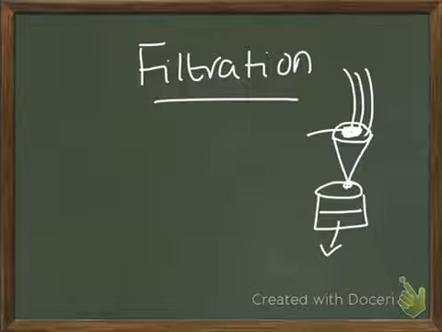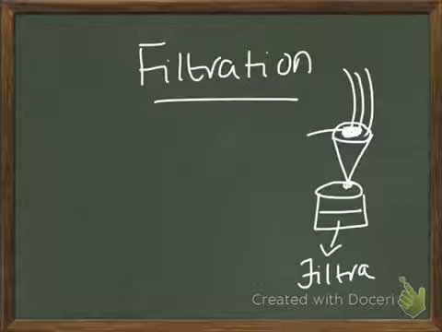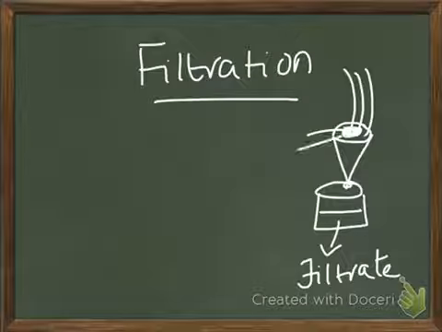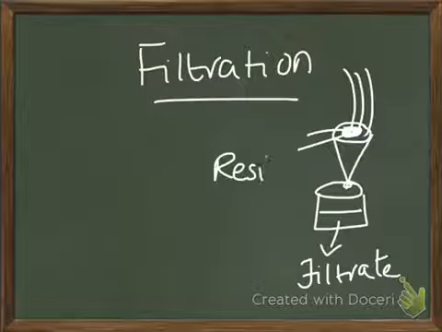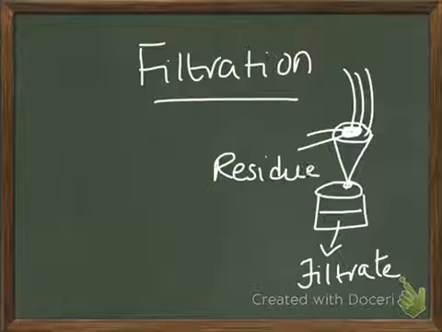The liquid we obtain is called the filtrate, and the impurity left in the filter paper we call residue. So filtration involves a filter paper which traps the impurities in it, and the filtrate will be pure.